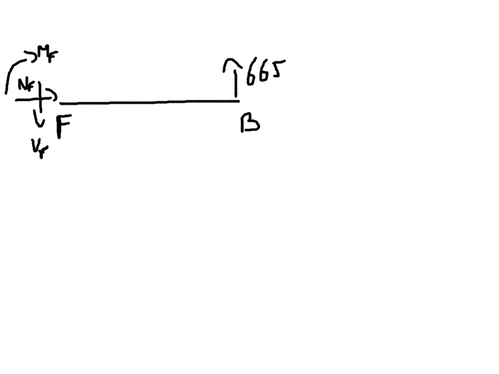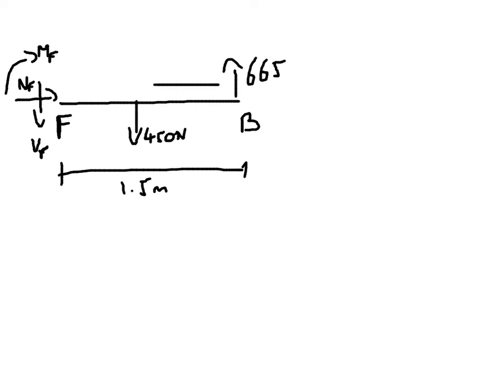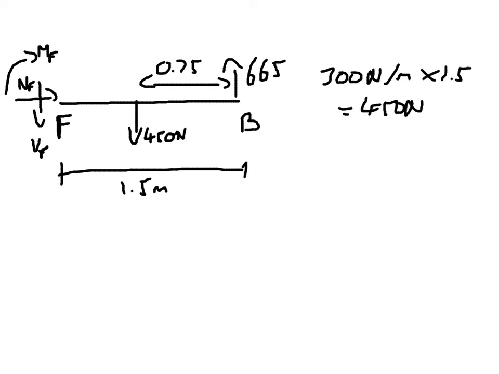For this short section, it's only 1.5 metres long, and it's 300 newtons per metre along the whole of this section. So we can say there is 450 newtons acting downwards exactly halfway, because it was 300 newtons per metre. This section is 1.5 metres, so that's 450 newtons, and it's acting halfway along this section of beam.